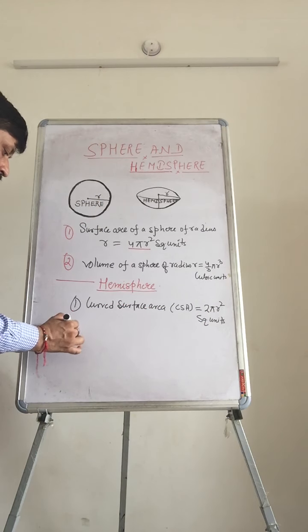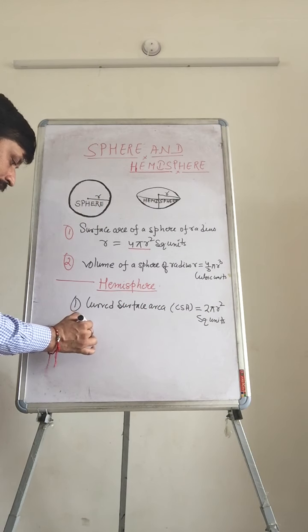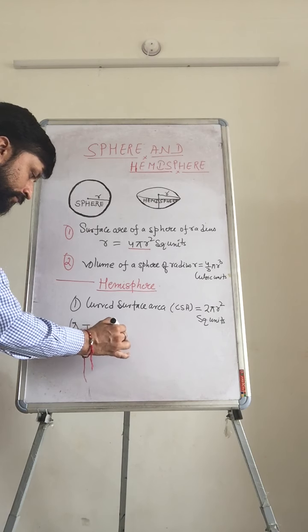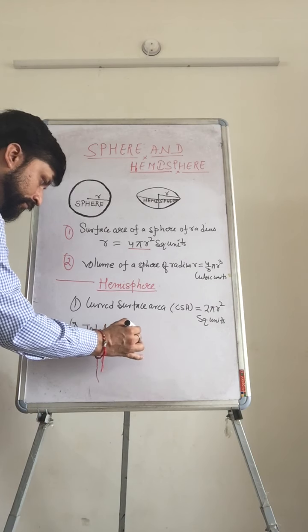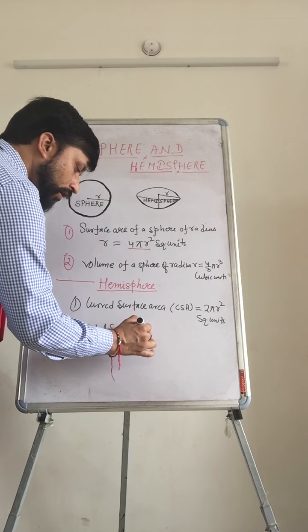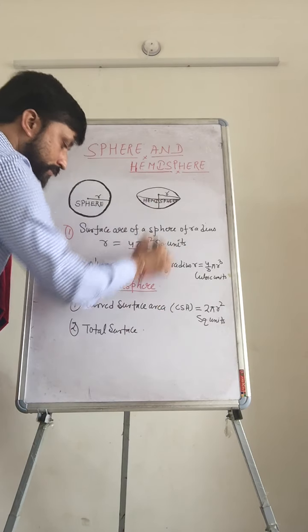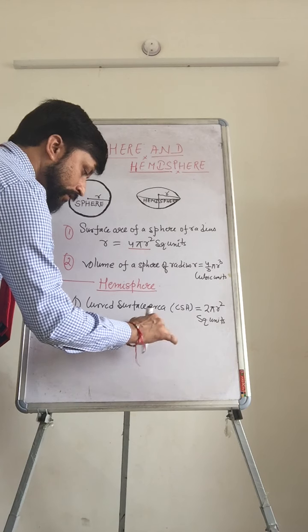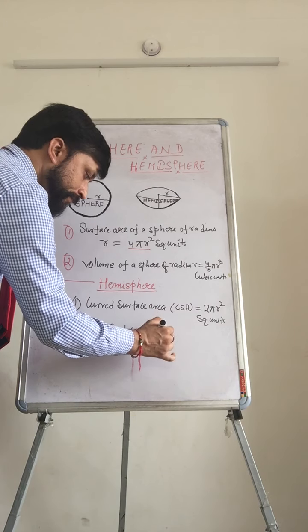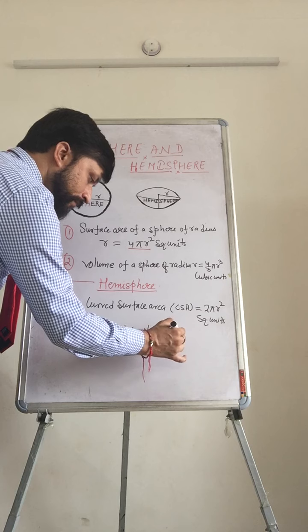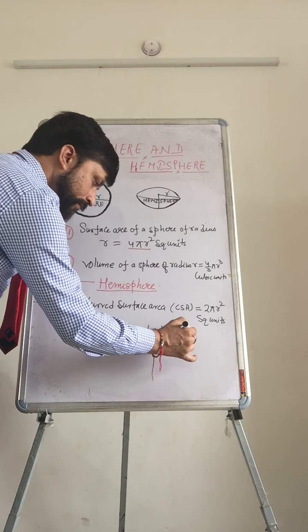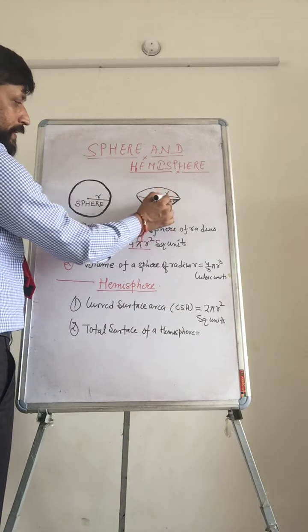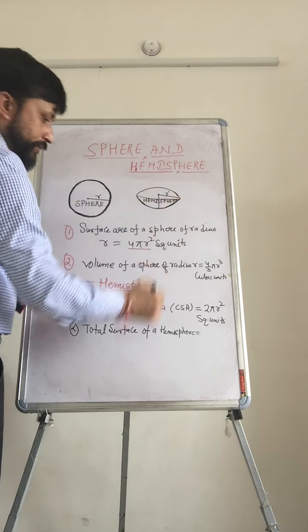Second, to find total surface area of a hemisphere, it is curved surface area plus area of this circular portion.